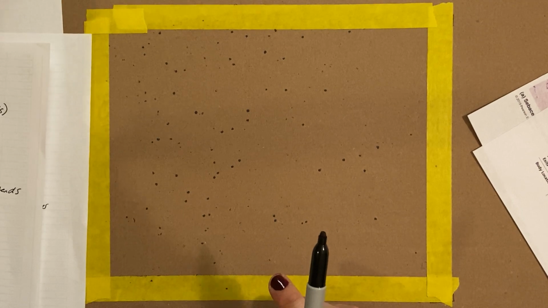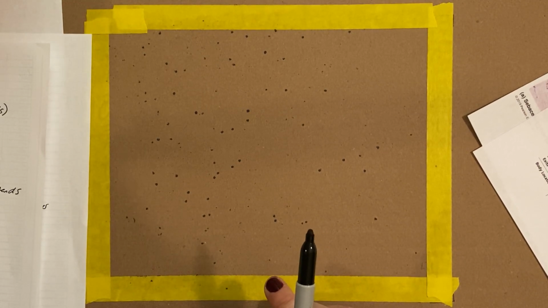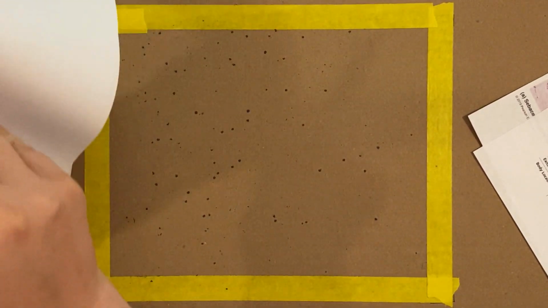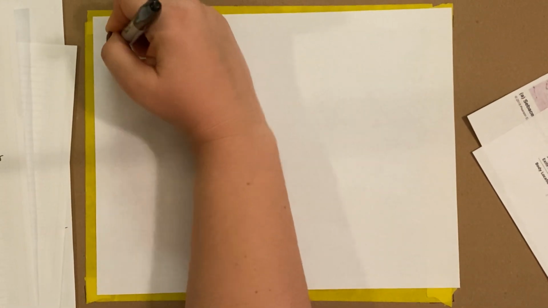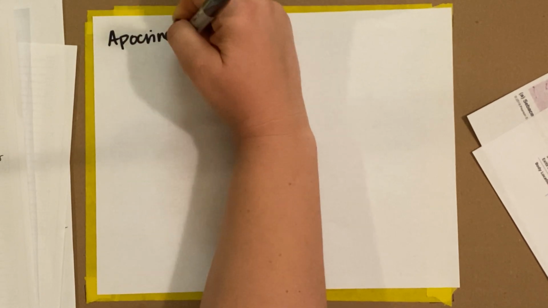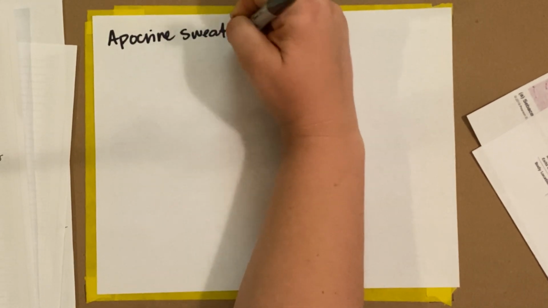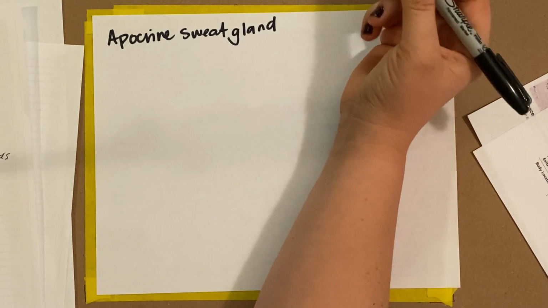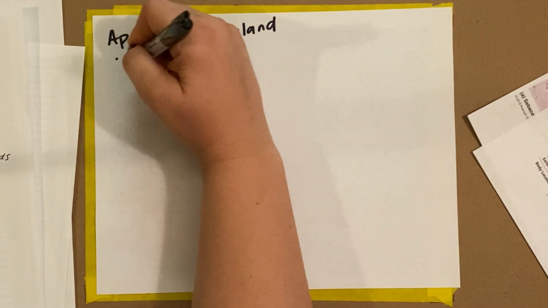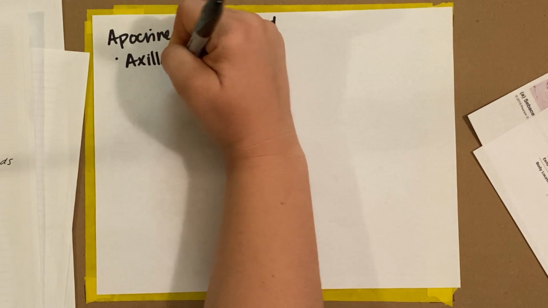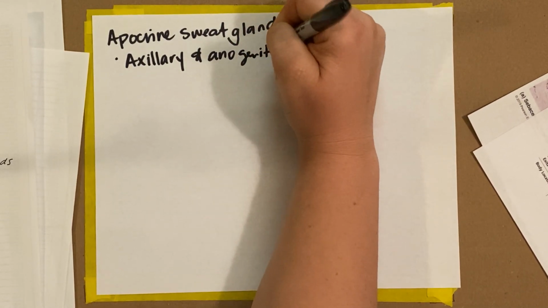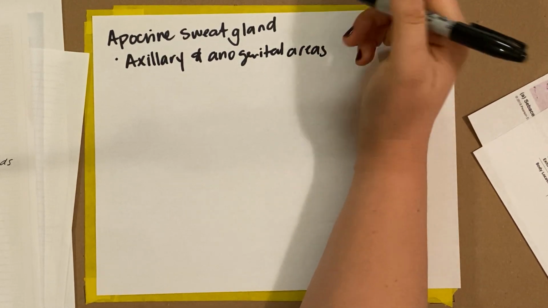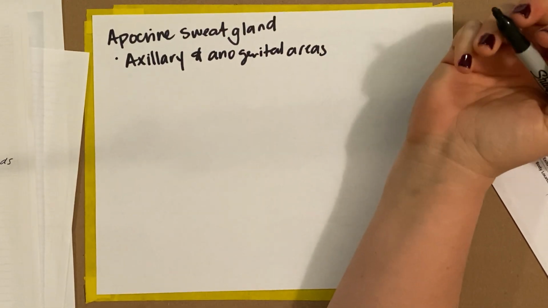So the eccrine. We then have a second type of sweat gland, and the second type is going to be called apocrine sweat gland. These are going to be found in the axillary and anogenital areas, so your underarms and your genital and anal area.